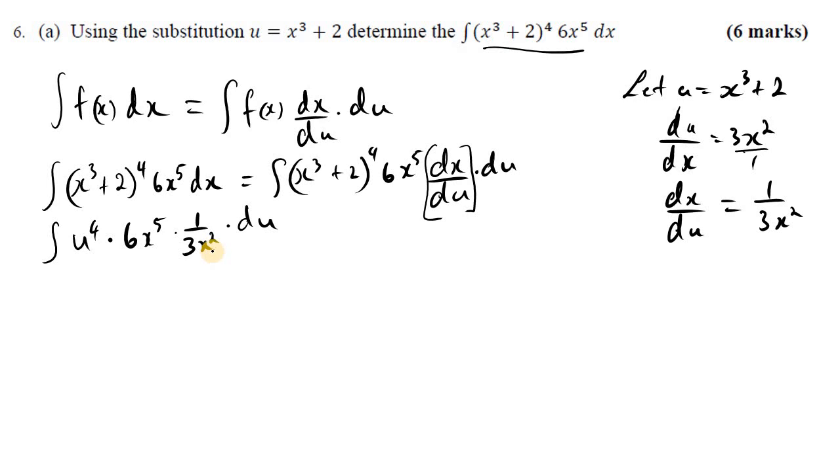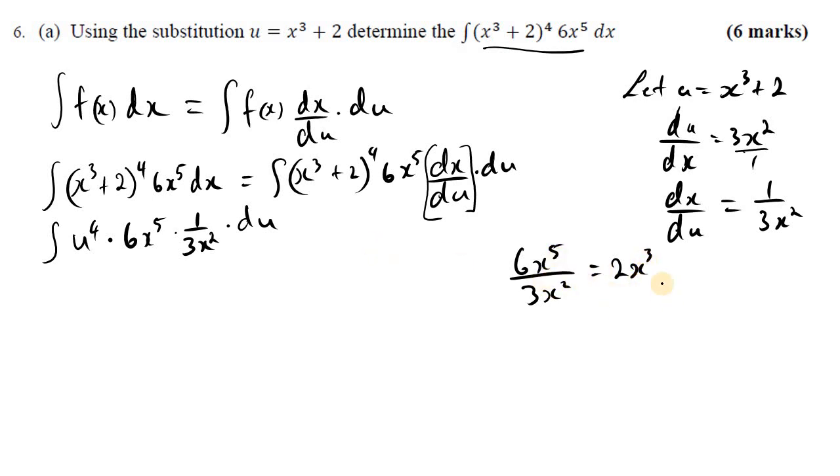Alright, so what's the next step after this? Well, we could simplify this portion here, right? For instance, 6x to the fifth multiplied by 1 over 3x squared will give us 6x to the fifth over 3x squared, which will give us 2x, subtract the powers, give us 3.